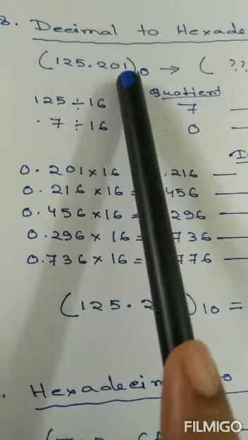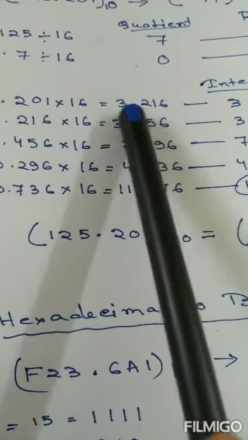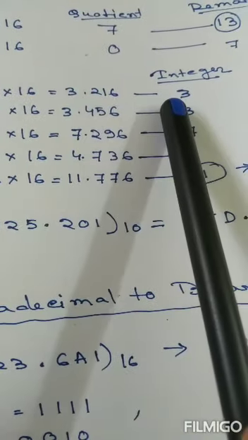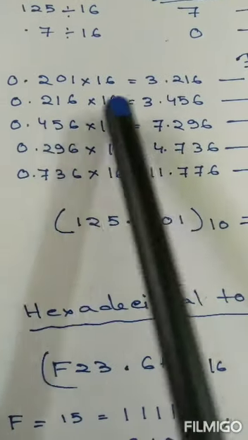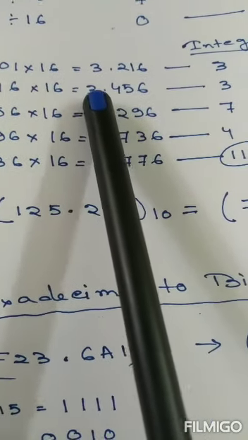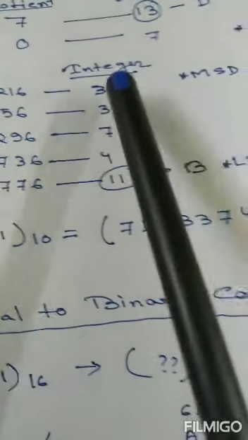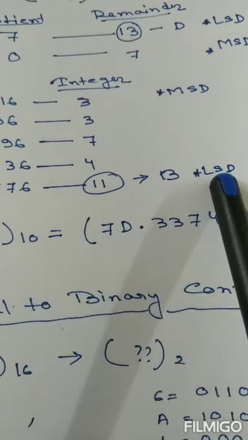Now for the fraction part, the fraction is 0.201, so multiply by 16. The value is 3.216. 3 is the integer. Now 0.216 multiplied by 16, again the value is 3.456, the integer is 3. In this way, this 3 is the MSD and this 11 is the LSD.